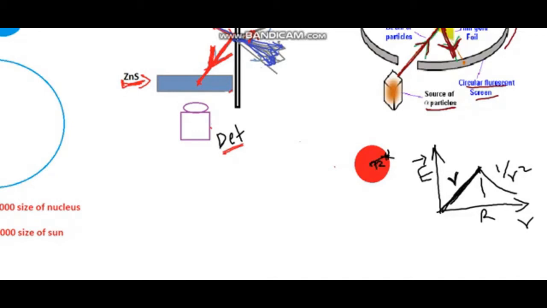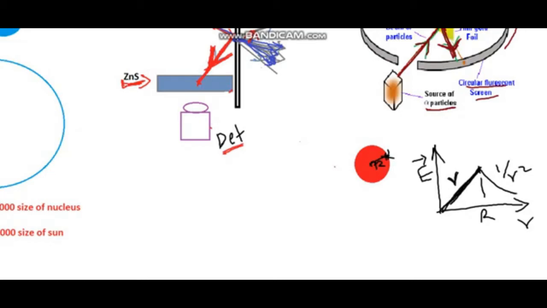Now Rutherford was thinking, what will be the electric field if you have a charge distribution of the size of an atom? If you have a spherical charge distribution of atomic size, then you can calculate the electric field produced by such a charge distribution. And if you know the electric field, then you can calculate how much force it can exert on the alpha particle.